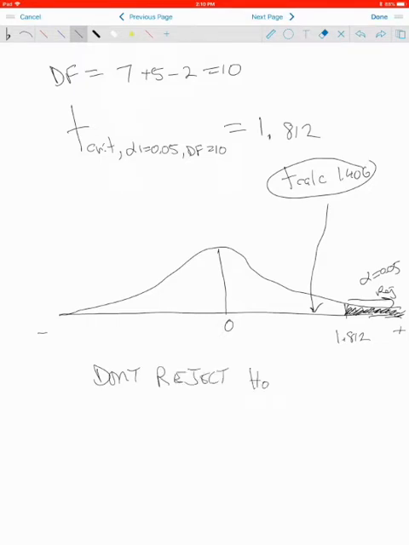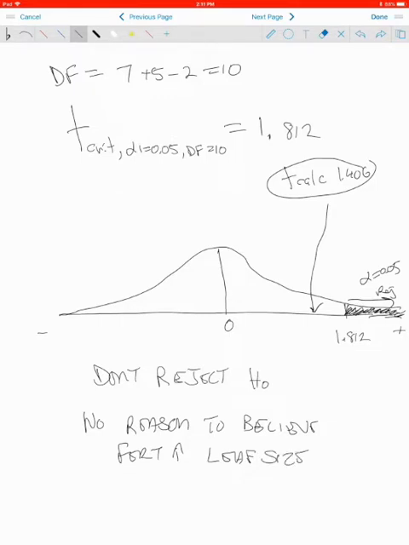We have no reason to believe fertilizer increases leaf size, at least in this experiment. And so that's our final conclusion.